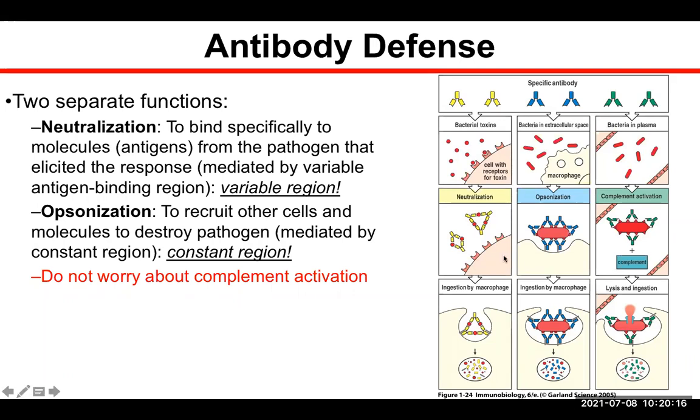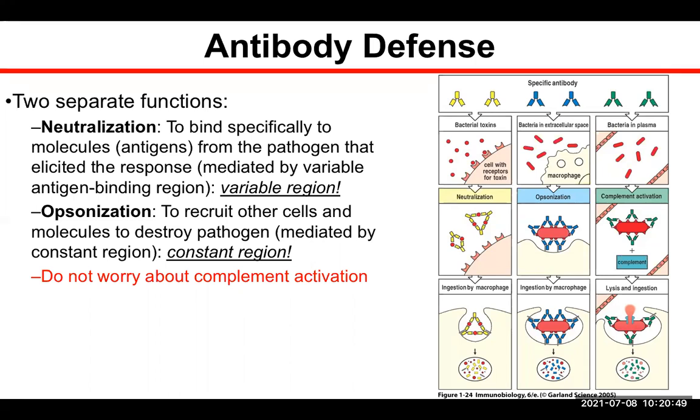So with neutralization, basically the antibody's purpose is to prevent the pathogen from being able to bind to your cells, or to get into cells, or to mediate some kind of response. For example, when it comes to viral infections, we all know at this point that viruses need some kind of receptor or receptors to get into a host cell.